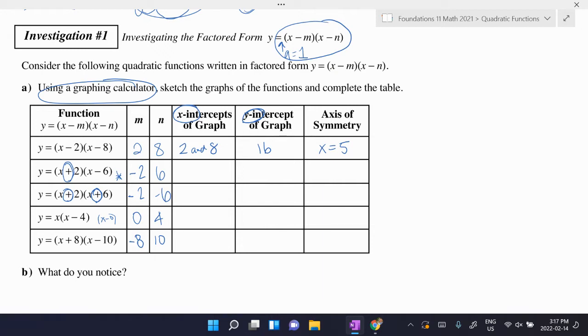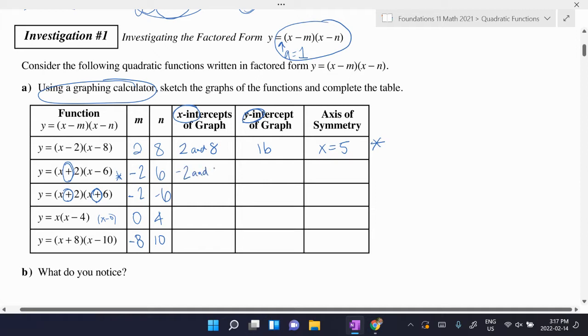Okay? If you cannot find all of these points using your graphing calculator, stop now. Actually, don't stop. Continue on with what I'm doing and just follow along, but make sure that you do this exercise in class with me so I can show you how to find all of these points on your graphing calculator, okay? So the next one, you're going to find negative 2 and 6, minus 12 and x equal to 2.